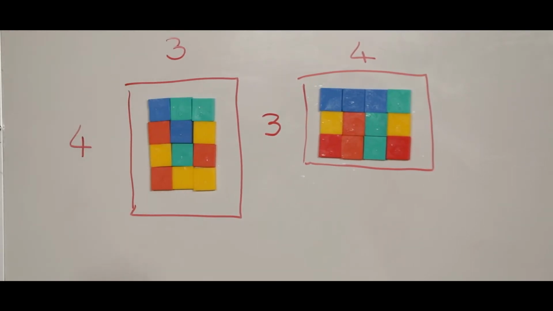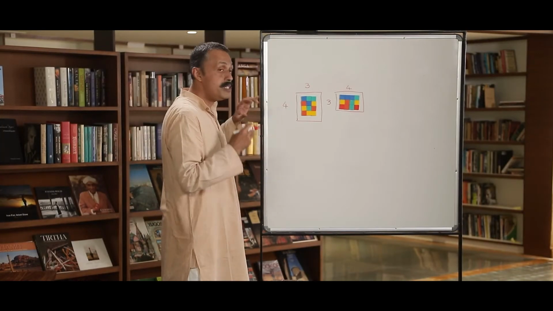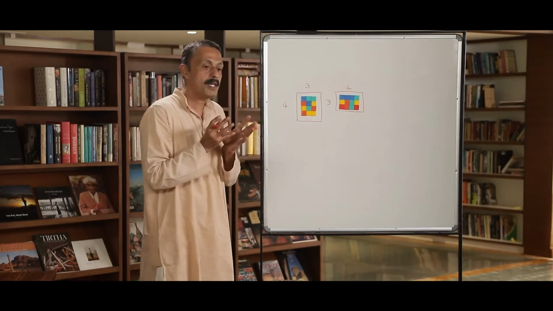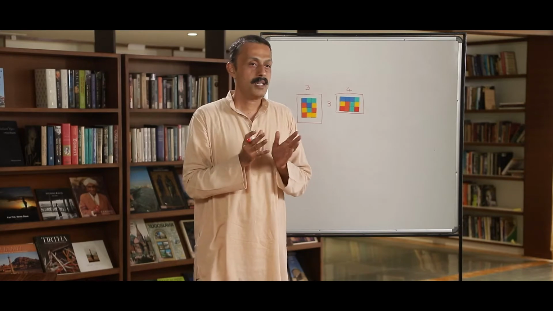So whether I multiply 4 by 3 or multiply 3 by 4, on both occasions, we get a rectangle. So this is how, when we teach the children, when we do multiplication using the TLMs and watch it, on both occasions, what we see is a rectangle.